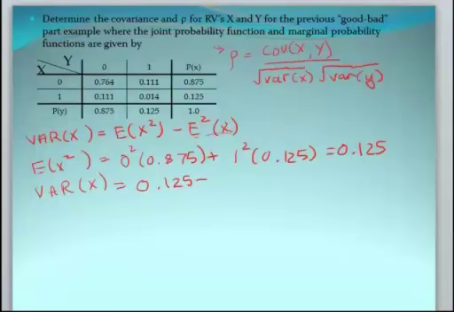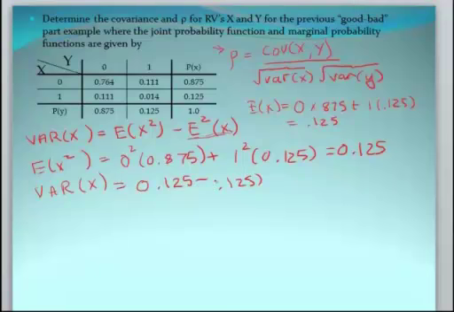Remember, the expected value is just 0 times 0.875 plus 1 times 0.125, so it's just 0.125, and we need to square that. So we're subtracting 0.125 squared, and then we find it's 0.109.